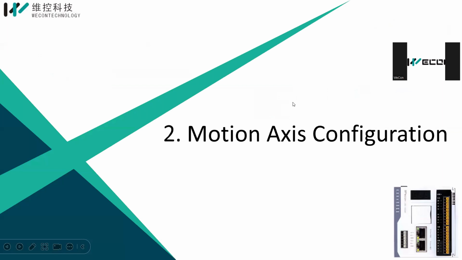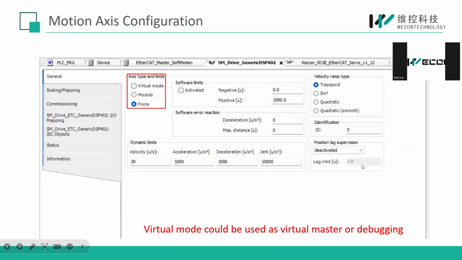Motion axis configuration. After adding the motion axis, we need to configure it. Here is the axis type. If you are connecting a real motor, then you need to select this finite or modular.